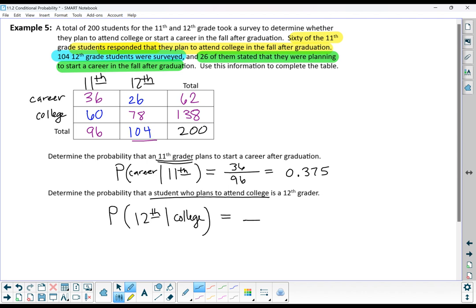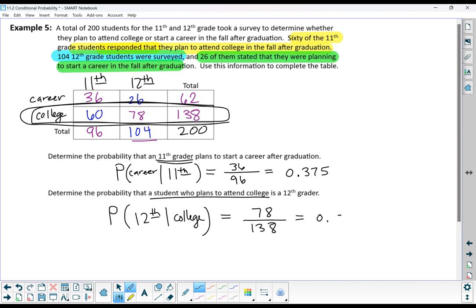So this is going to be out of 138. And of those 138 who are planning to go to college, 78 of them are seniors. And so this gives us the decimal 0.565, so 56%, 57%.